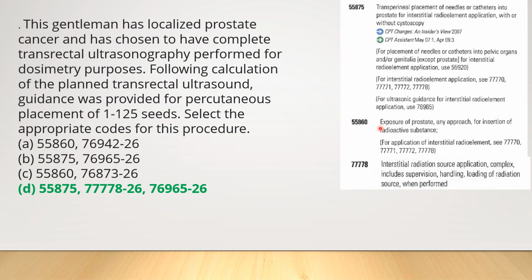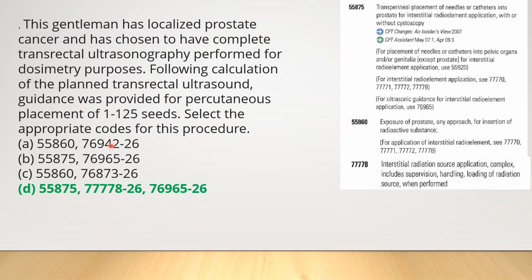So when we read the words exposure of the prostate, that means this is the open method. And if you see our question, it says following the calculation of the planned transrectal ultrasound, the percutaneous placement of the seeds happened. So it is not an open approach. So we cannot take the code 55860. That eliminates the options C and A.